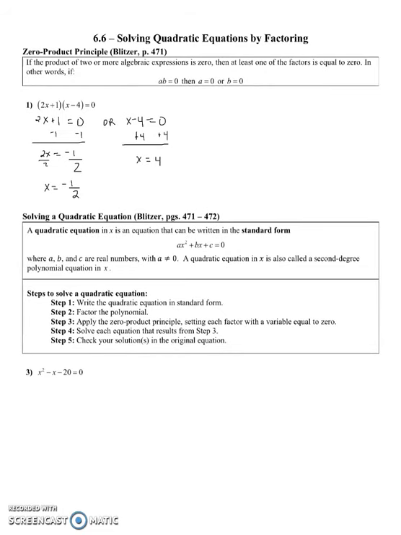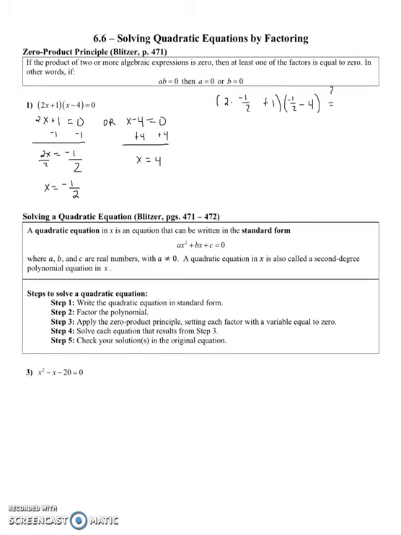So we can test either one of those and see if we end up with 0. If we put -1/2 in, we would have (2 times -1/2 + 1) times (x - 4). Whoops, not x - 4, sorry: (-1/2 - 4).